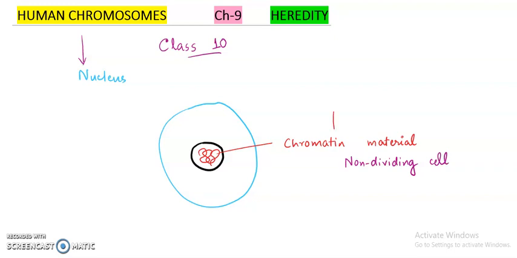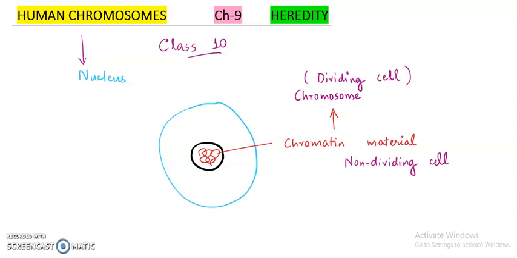But this chromatin transforms to chromosome, and these chromosomes are seen in the dividing cells. So whenever you want to observe a chromosome, you need to check a dividing cell. Now what is a dividing cell?